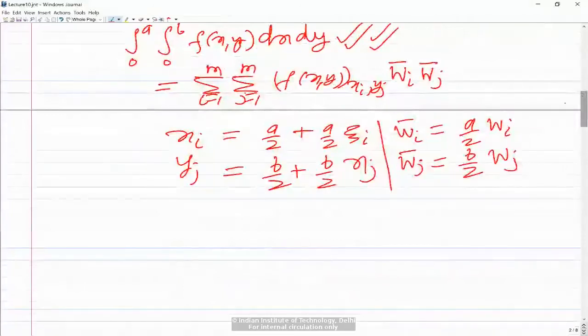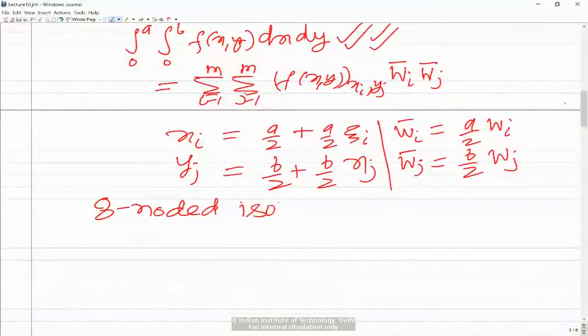So now what we discussed is the 4-noded isoparametric element. Similarly you can formulate the 8-noded, 9-noded isoparametric elements also. So now I will just briefly tell you about this 8-noded isoparametric element.